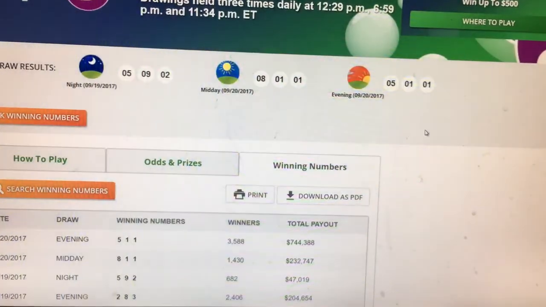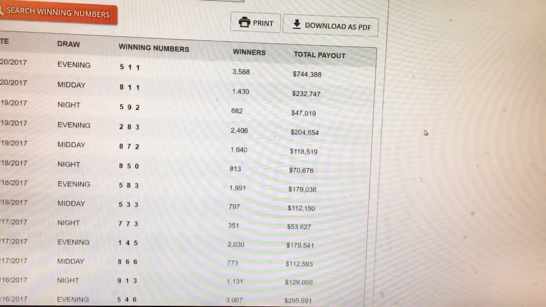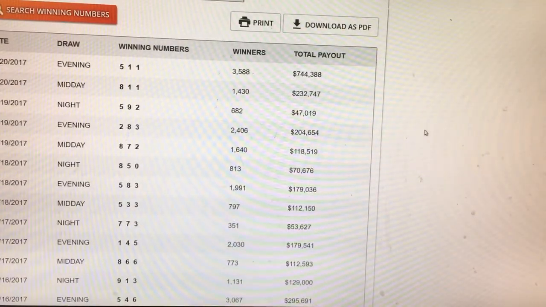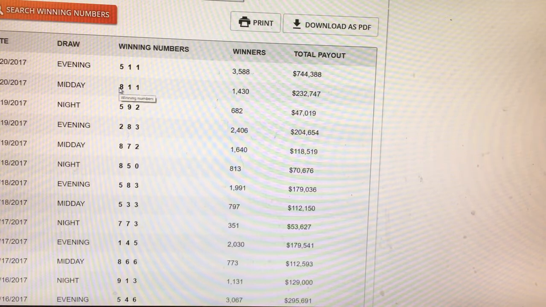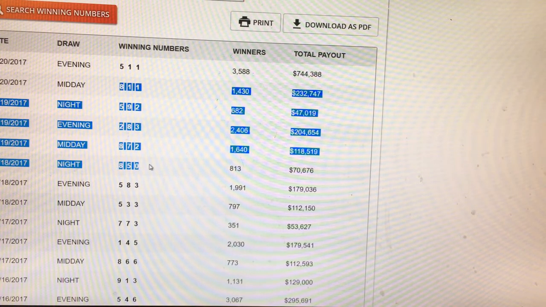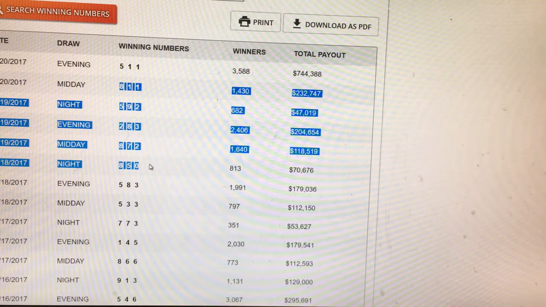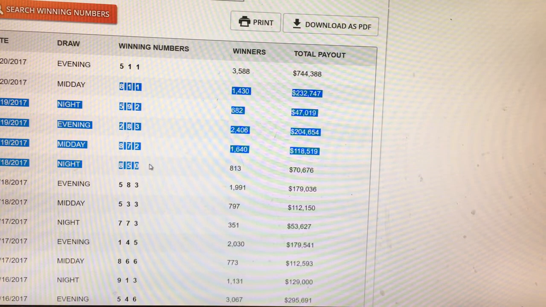As you can see, this is Georgia's last 5 draws, and you can see the double is 5-11. Now let's do the Pentagon method with 5-11.